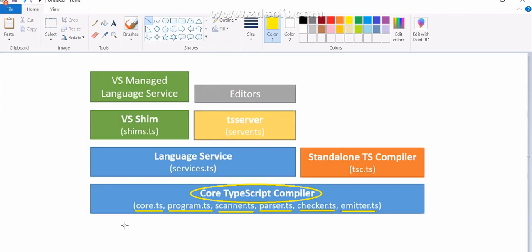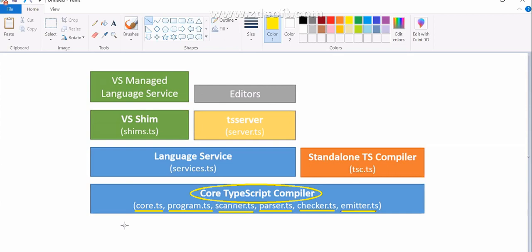Program.ts is used for starting the TypeScript execution. Scanner is responsible for handling input activities.